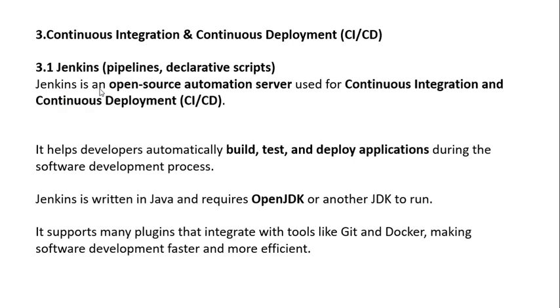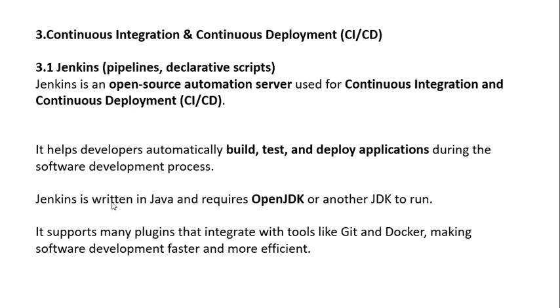Jenkins is an open source automation service used for continuous integration and continuous deployment, and it helps a developer to automatically build, test and deploy the application during the software development process.